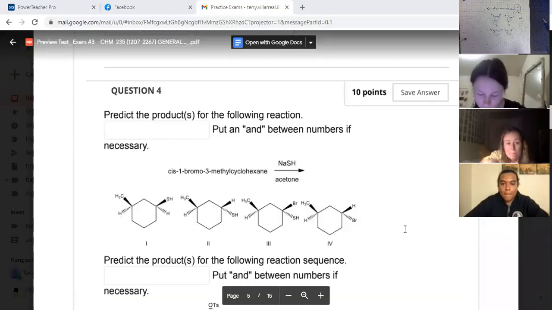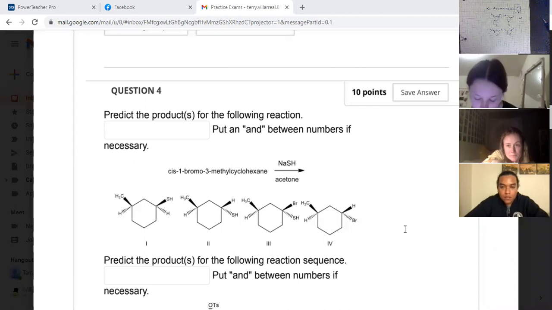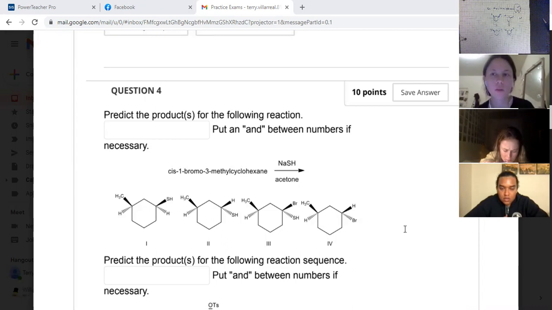So now, which of these is going to be the correct product? I want to say number 2. No, number 3. Okay, so Matthew says 2, Gwen says 3. Mag, what do you say?